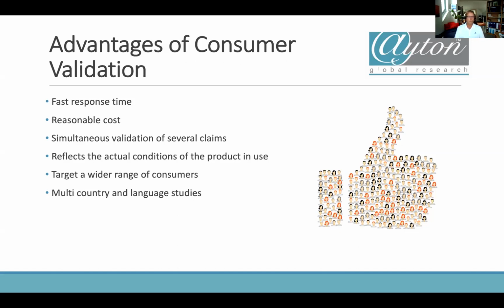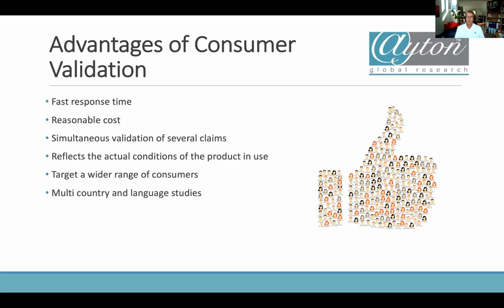Because it's just about agreement to a statement. It is actually, and this is one of my philosophies in market research, to test as close as possible to the consumer's life, because this is in the end what counts. And testing the product at home actually reflects the actual conditions of the products in use, and you know how they will perform there. So if they perform in a lab, it doesn't mean that they will also perform with consumers.